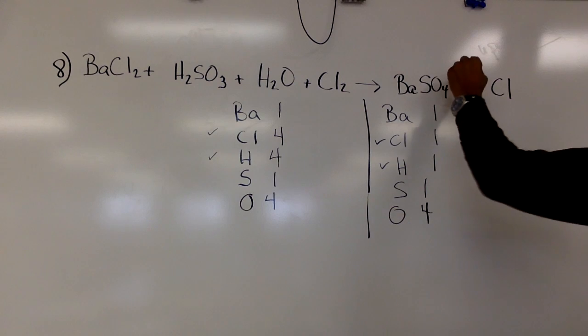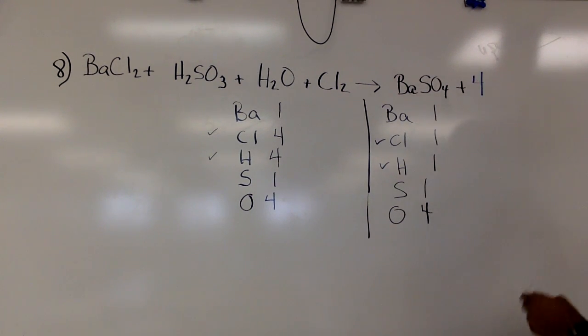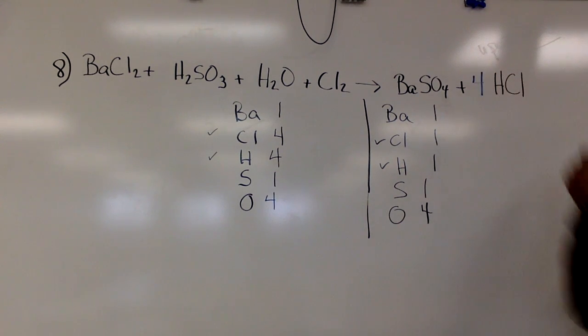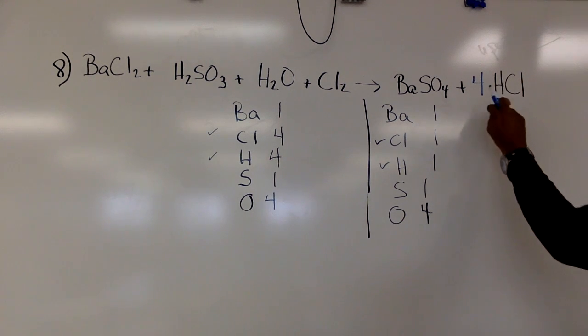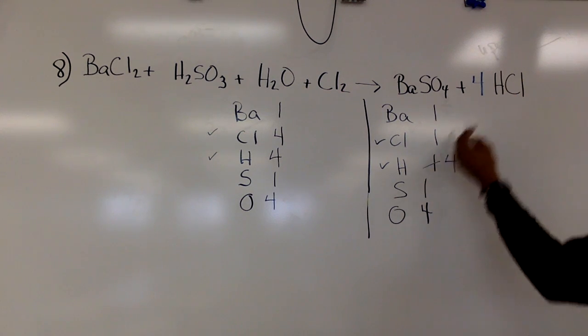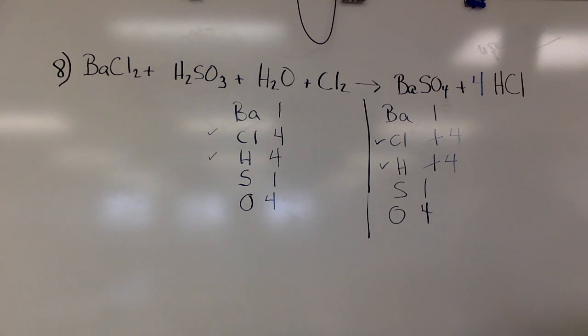So I could put a 4 right here. Okay, now it's going to change everything in this formula, but I think that's okay. So 4 times this 1 hydrogen will give us 4 hydrogens. 4 times this 1 chlorine will give us 4 chlorines. And if you look, it's balanced.